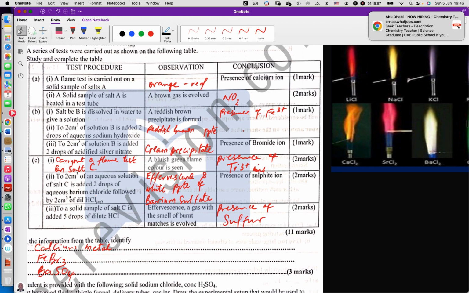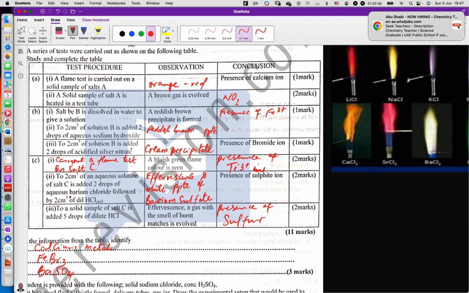Salt B is dissolved in water to give a solution. A reddish brown precipitate is formed. The presence of a reddish brown precipitate indicates the presence of iron 3 ions. Then to 2 cm cube of solution B is added 2 drops of aqueous sodium hydroxide. A reddish brown precipitate is also formed.